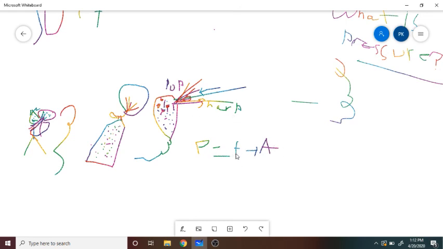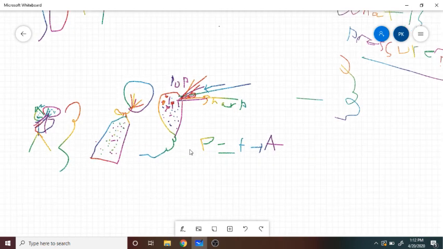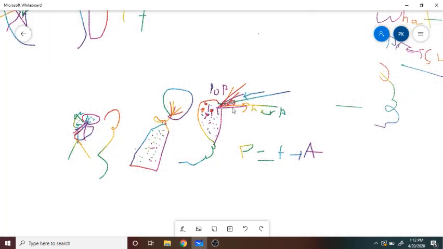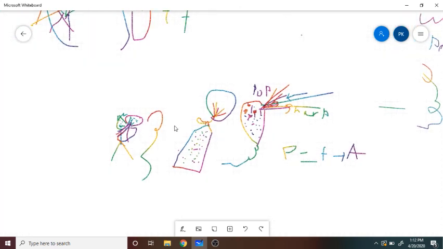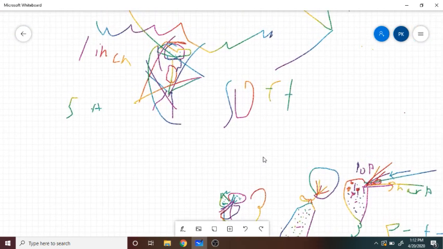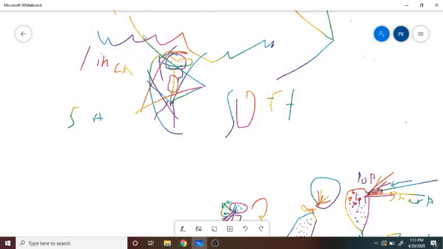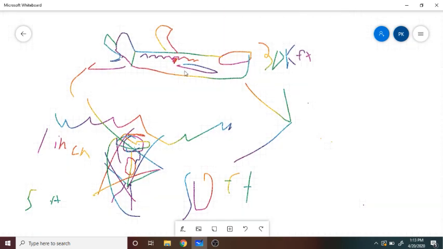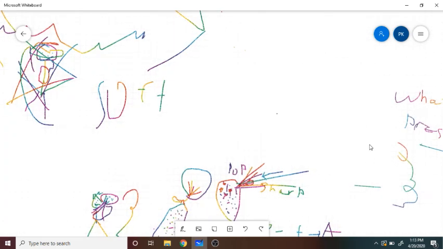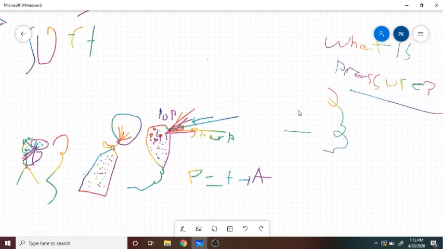So P equals F over A. The examples we used were a balloon popping, filling a balloon with helium, and you blowing a balloon. And then there's water. The pressure in that is, as you get deeper, the weight of the water starts to push on you, and it can hurt your ears. Similar thing with a plane. So that's what pressure is.